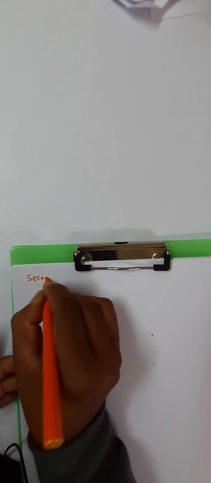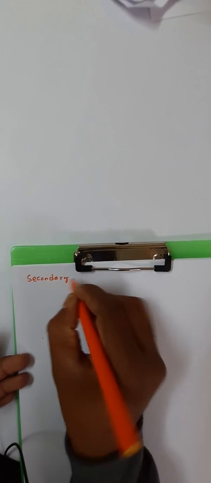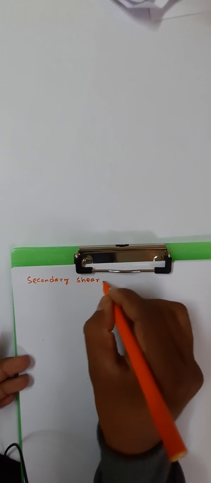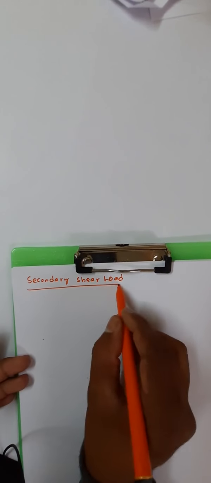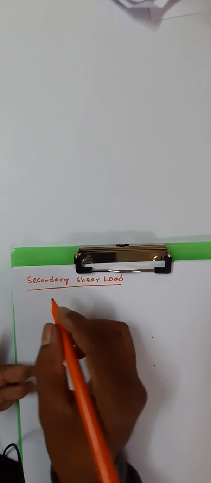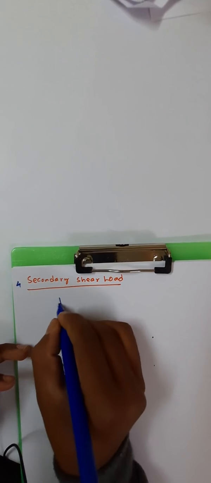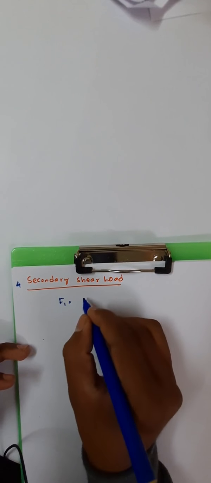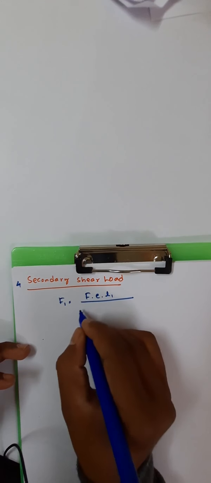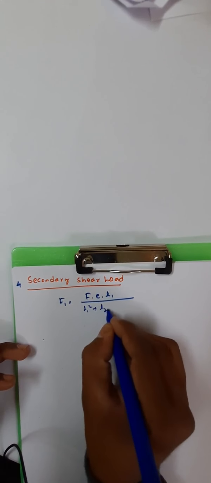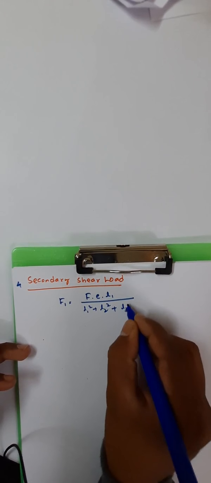The secondary shear load, we know the equation. F1 is equal to F into e into L1 divided by L1 square plus L2 square plus L3 square.